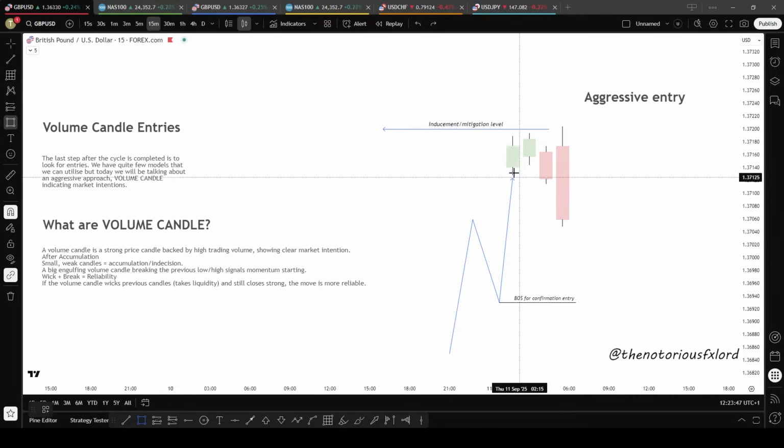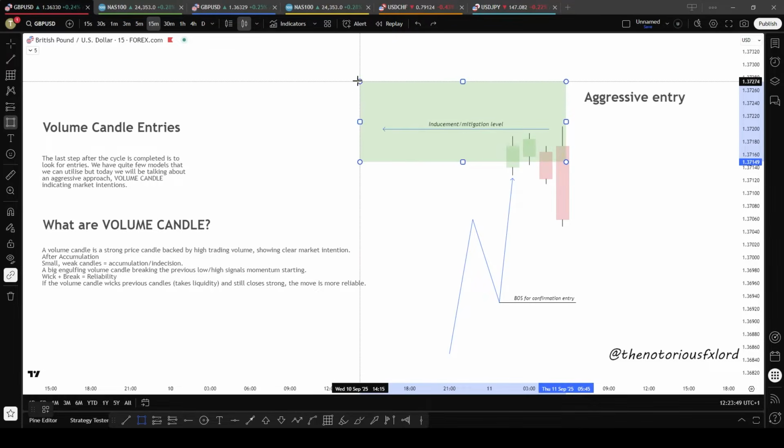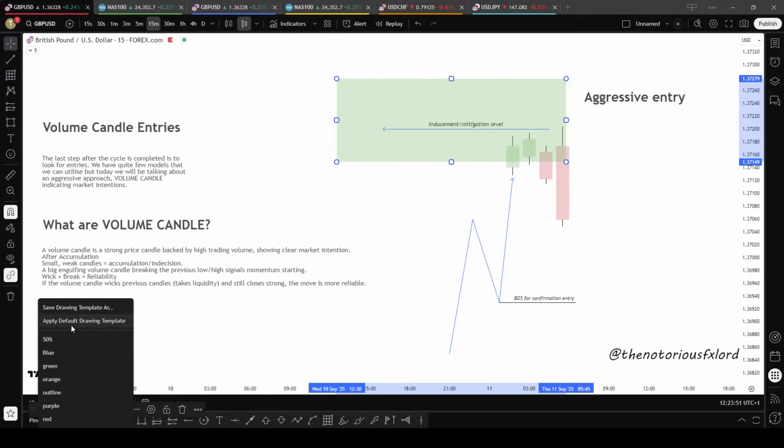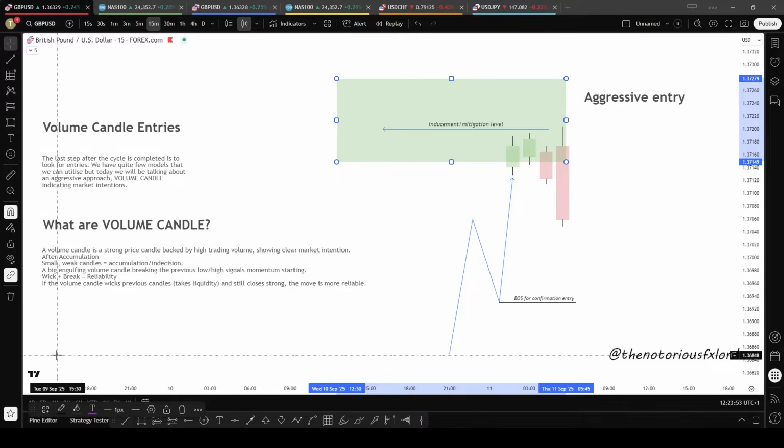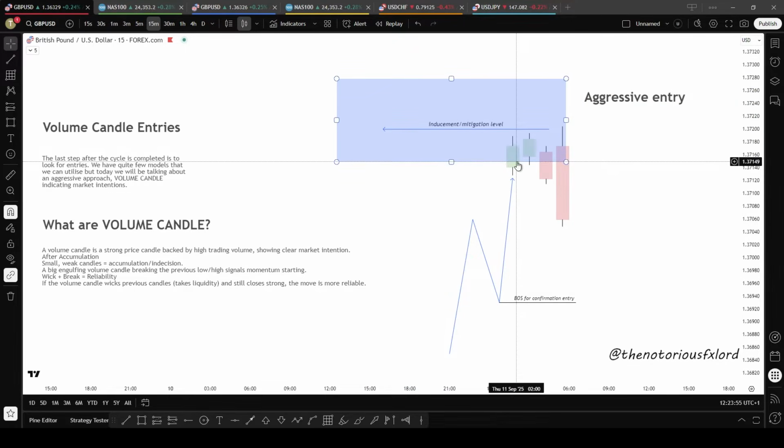I'm going to draw the PY as well. So say that this is our PY to the left, and what do we see? We see quite weak candles, right? And then we see one bearish engulfing volume candle taking out the highs, liquidating these weak candles as well as closing down the POI with quite great volume.